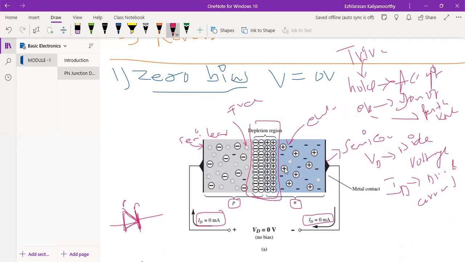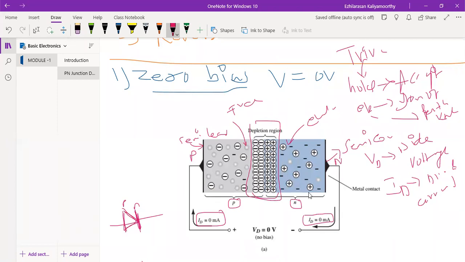So now if the leads are connected to the end of each material, then it's a two-terminal device. Normally, the PN junction is a two-terminal device. One terminal we can call P type, and the other we can call N type.